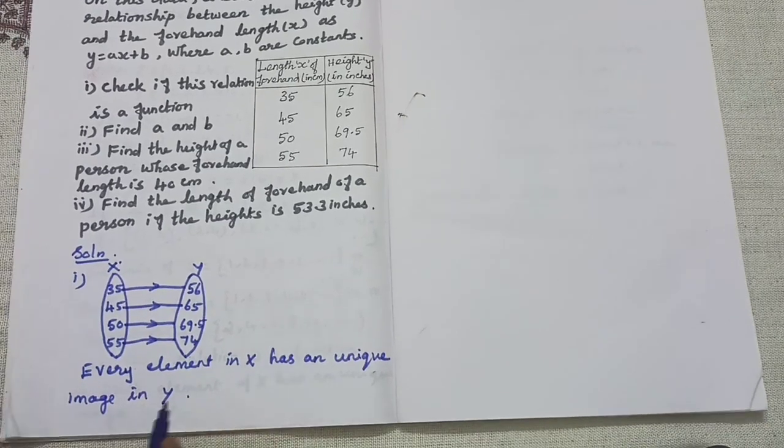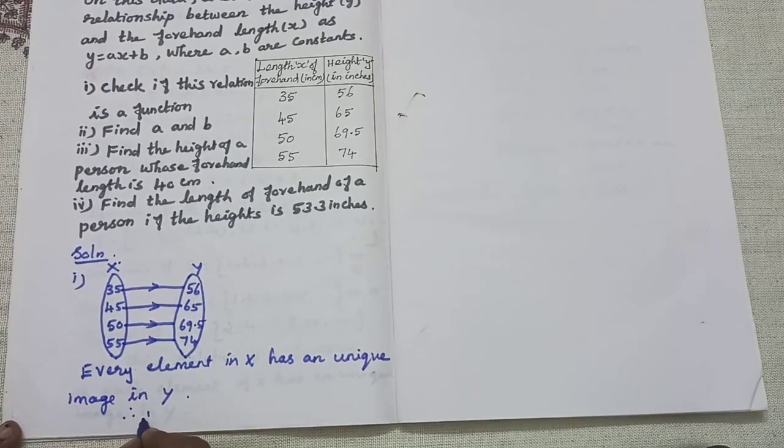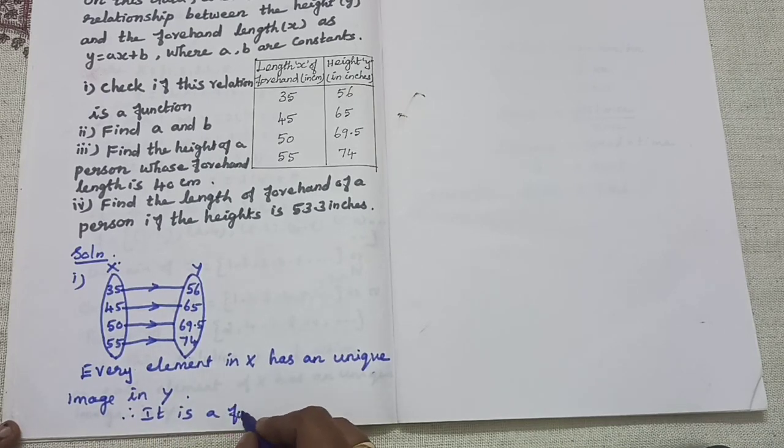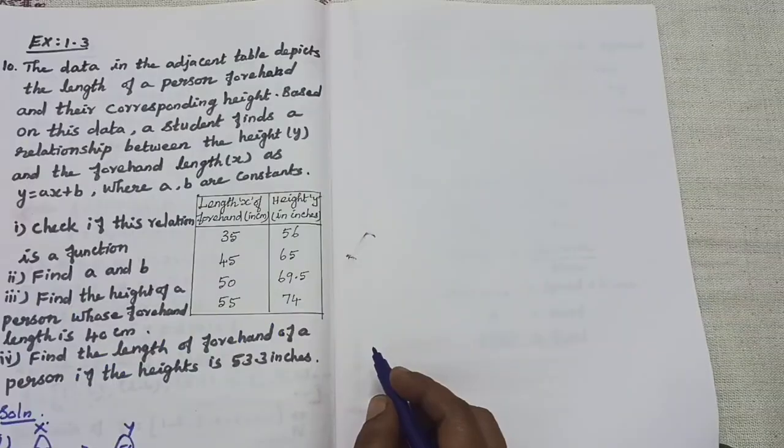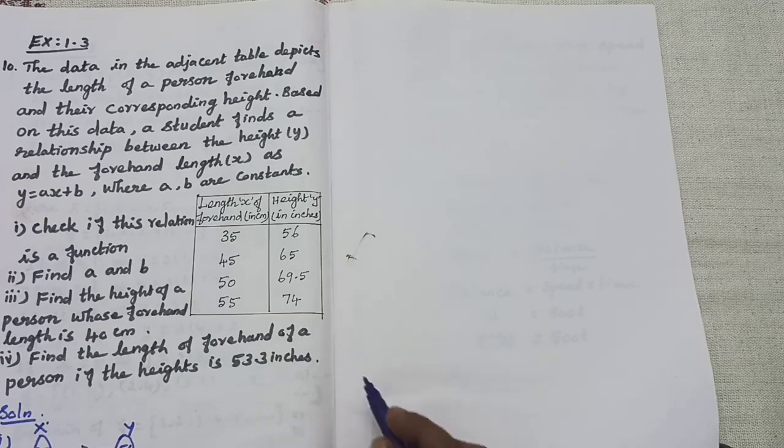Therefore, what can we write? Therefore, it is a function. Have you understood? Then the second one. Now the second question is find a and b.